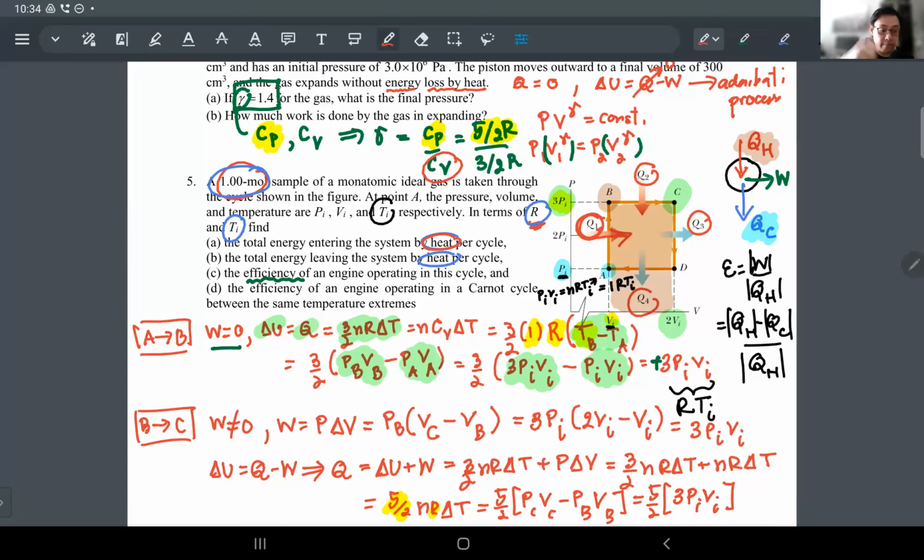Got that? Very good. During this B to C process, your heat flow is going to be 15 over 2 P sub I V sub I. And then you can turn PIVI into RT sub I if you want to.